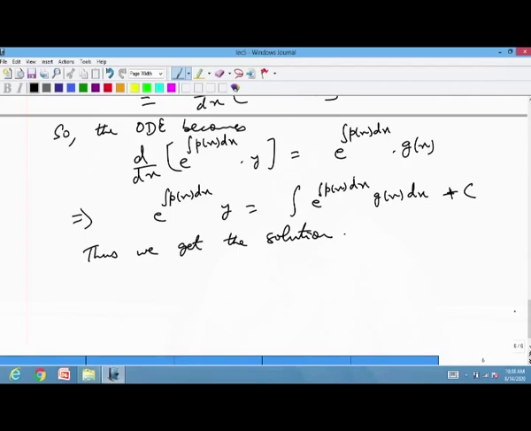So, this factor that we multiplied, e to the integral p x dx, is called an integrating factor.